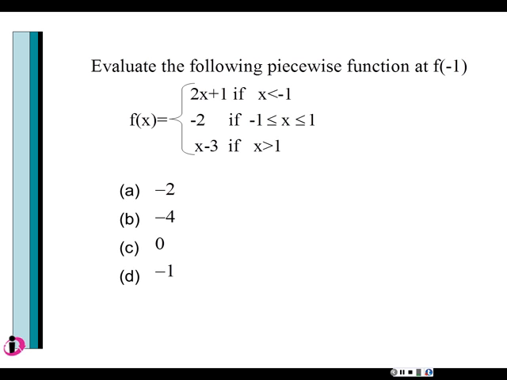It will be -2 because -1 exists within this range, right? Look at this. So this is going to be your equation, and that's a constant equation, right? So it's just -2. So the right answer will be A. Any question?